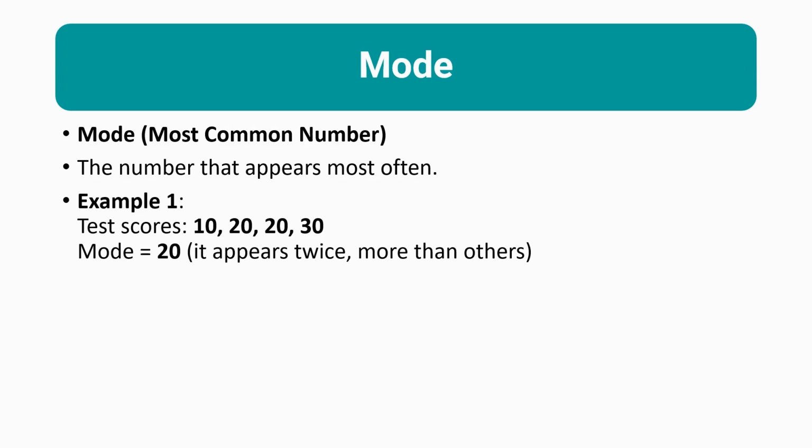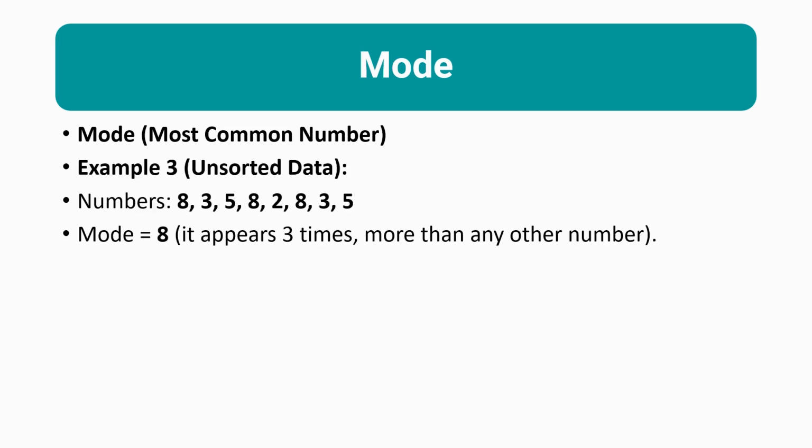In this case we can't go for mode, because mode only takes care of the repeated number. Now considering another data set, here we have an unsorted data set, unlike the earlier clean values. But if you look at this data set, you can see that 8 is the most occurring value. 8 appears 3 times, more than any other number. So in this case 8 is the mode.